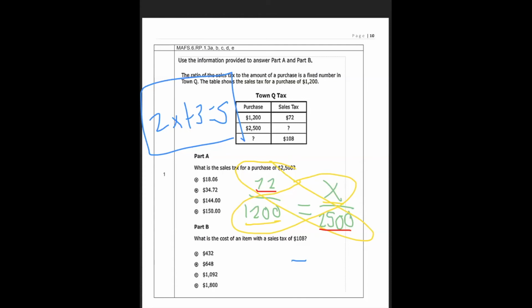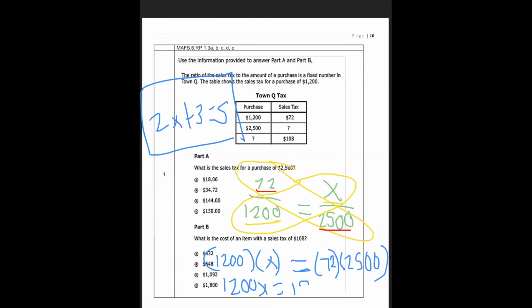On the left we put 1,200 times x, and on the other side 72 times 2,500, because we're cross multiplying. Now you can use your calculator, and you get 1,200x is equal to, I think, 180,000.